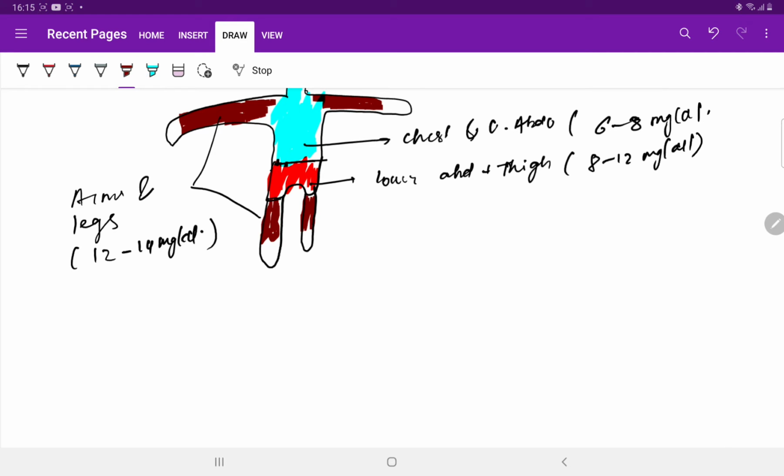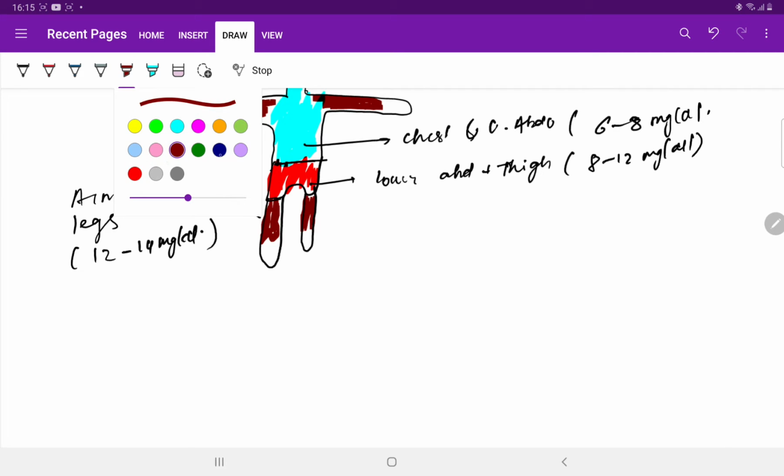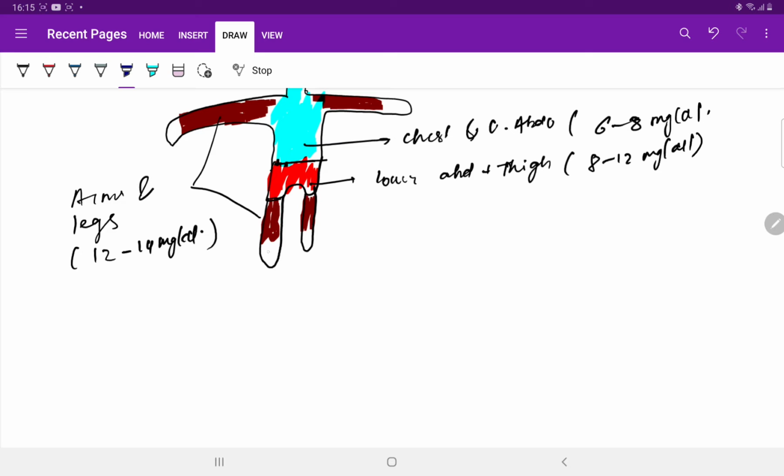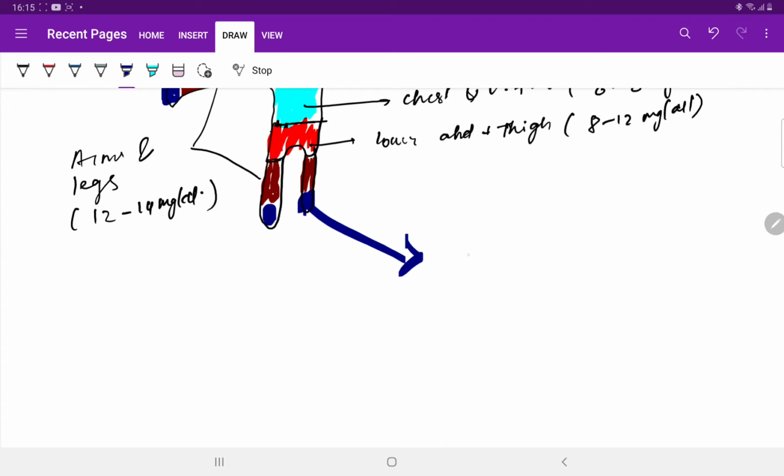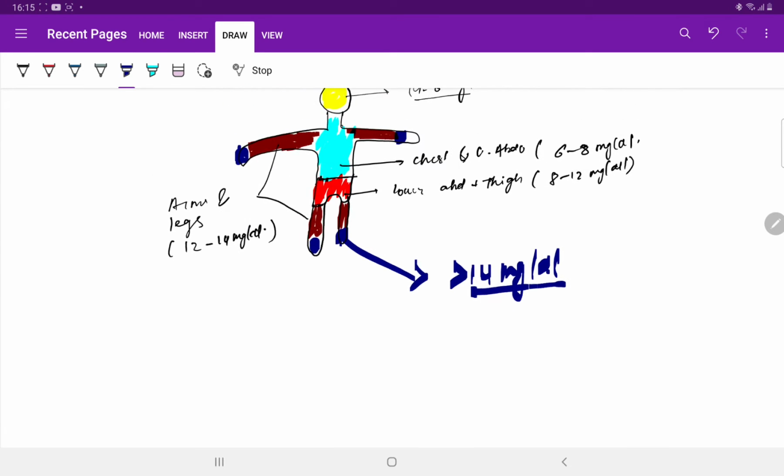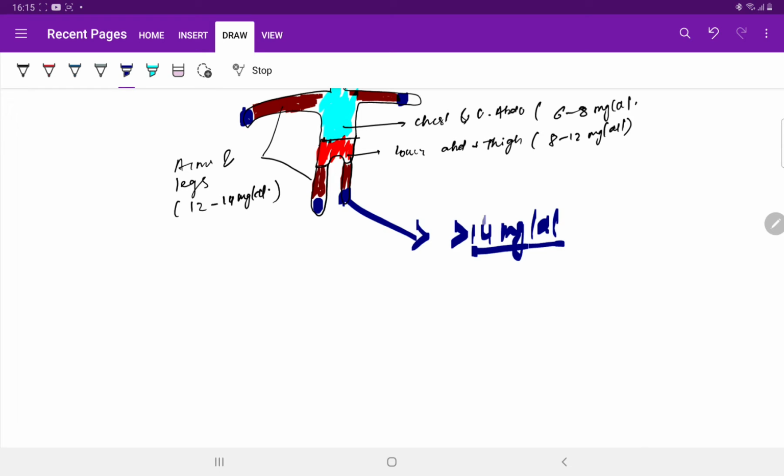And finally, when the soles and palms get involved, it becomes more than 14 milligram per deciliter, and this is a very severe condition. 14, not really, 15 we can say.